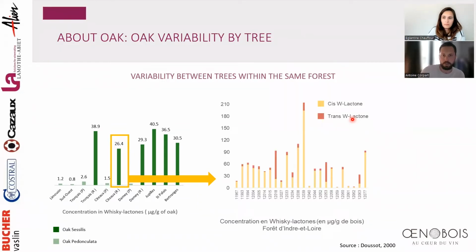One interesting thing is that we can have, for example, here a forest with low average concentration in whiskey lactone, but if you look in detail, you can see that we can sometimes find some trees with very high concentration of whiskey lactone.